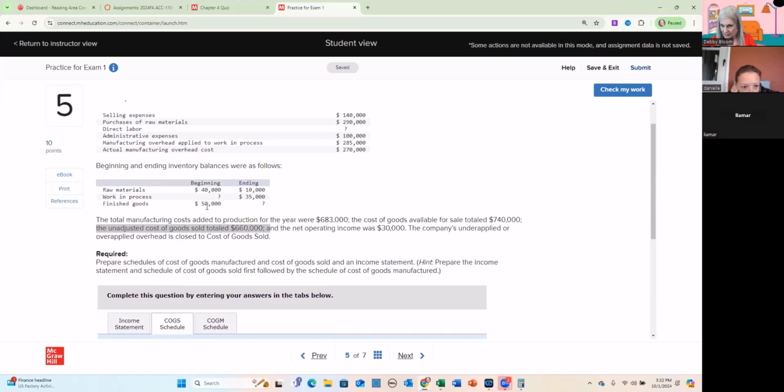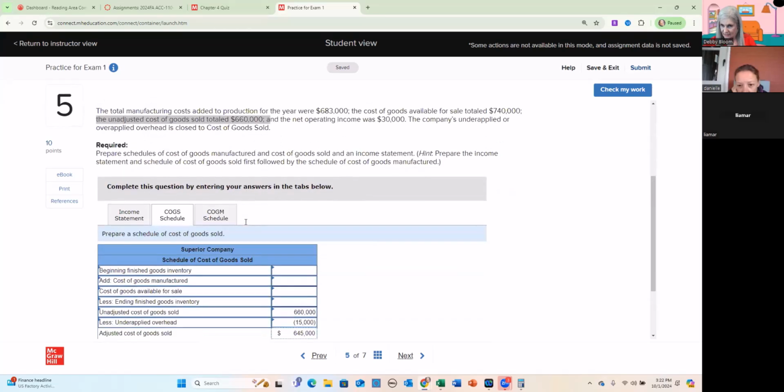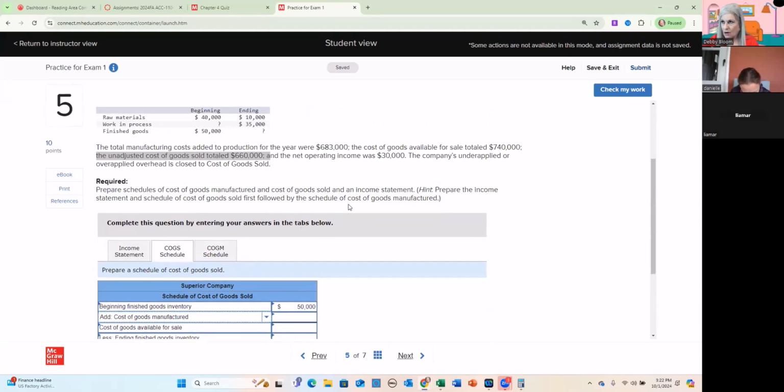Now let's start to fill in everything that we know. Over here, we're given the beginning finished goods inventory, but we're not given the ending finished goods inventory. So our beginning finished goods inventory is 50,000. Now we're going to add our cost of goods manufactured.